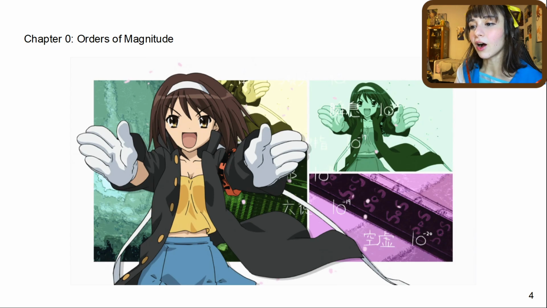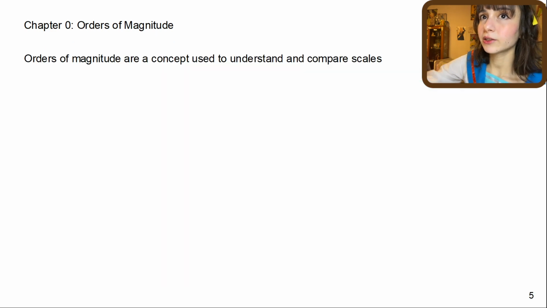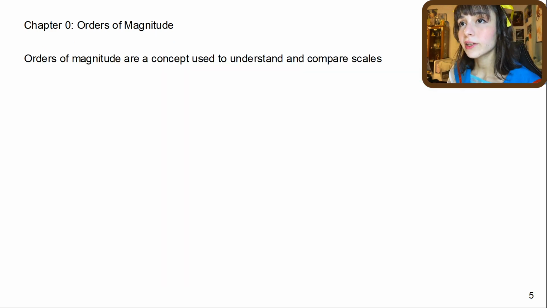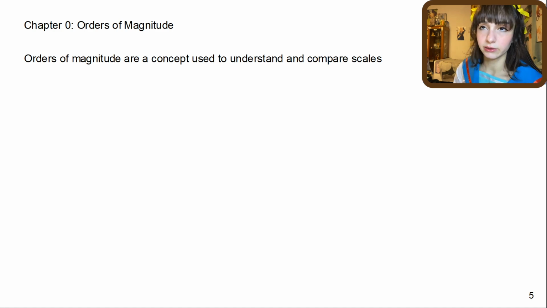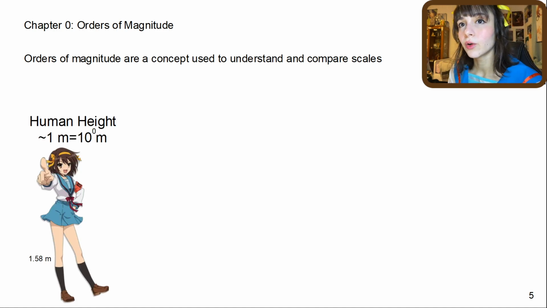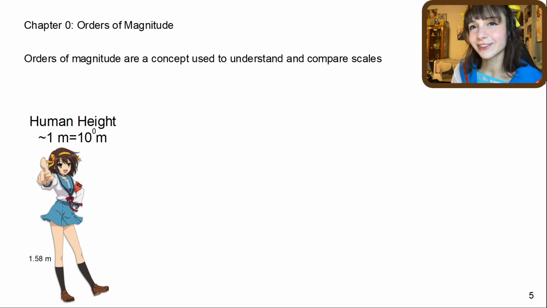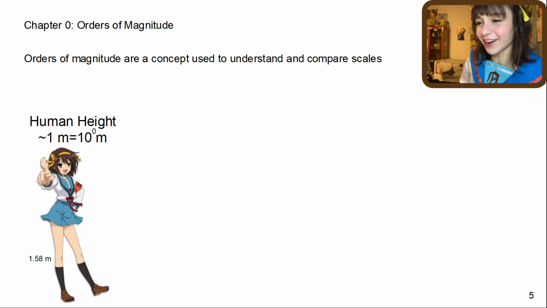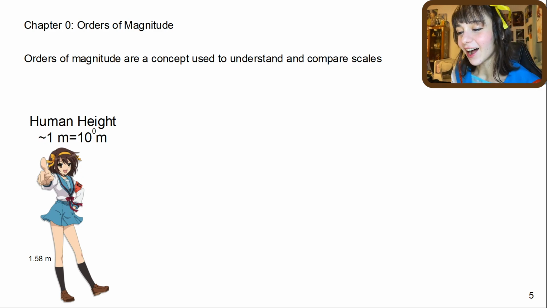Well, as we're going to discuss, these are orders of magnitude. Orders of magnitude are a concept that help us understand and compare scales of things in particular. So we have, for example, our little Haruhi, who is going to be talking in SI units. For the Americans, sorry, everything's going to be in SI units.